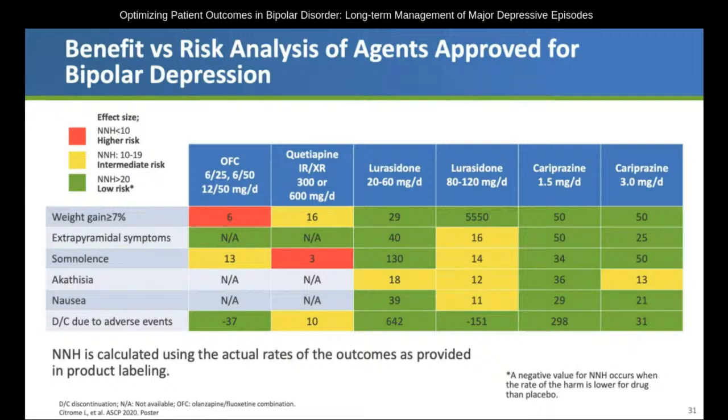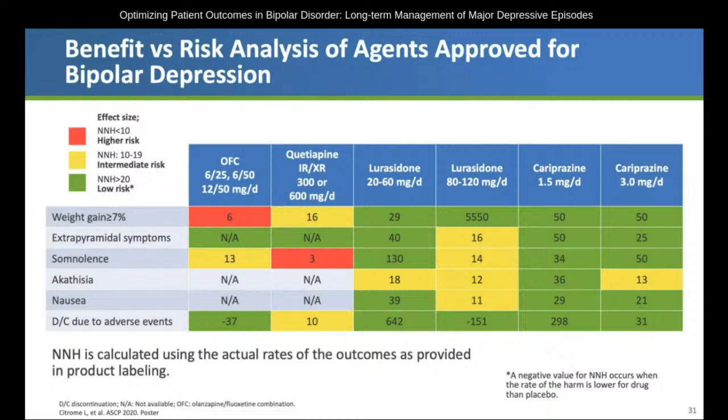What about lurasidone and cariprazine? Mostly a sea of green, which means number needed to harm values greater than 20, low risk. And I wouldn't necessarily expect any of these with regularity when using these agents. With lurasidone, there seems to be a dose response in terms of tolerability, so I gravitate towards the lower dose, 20 to 60.